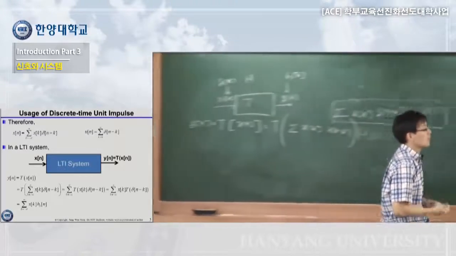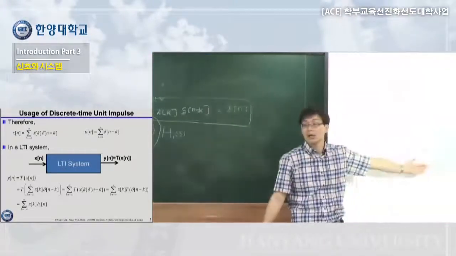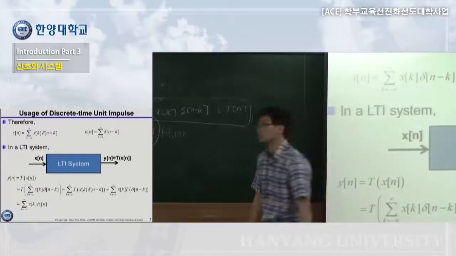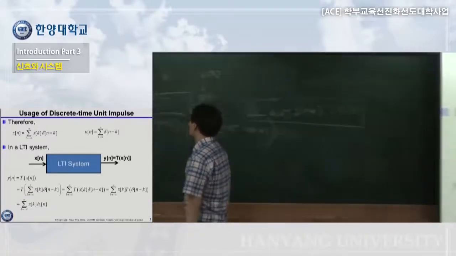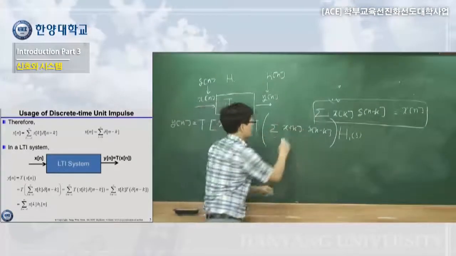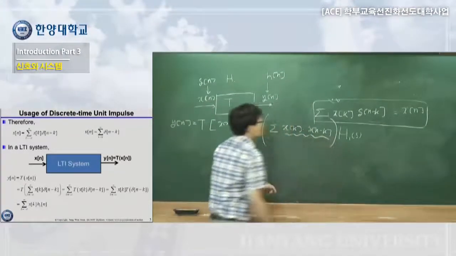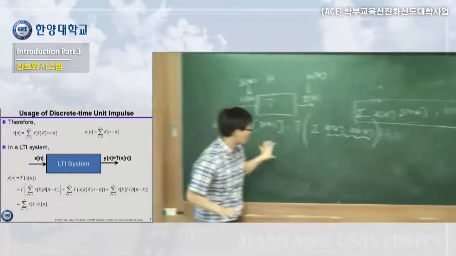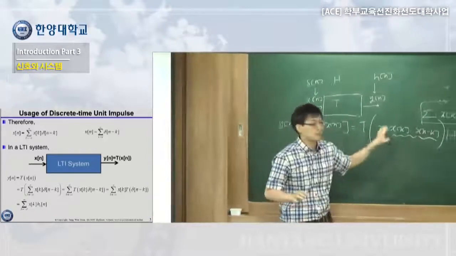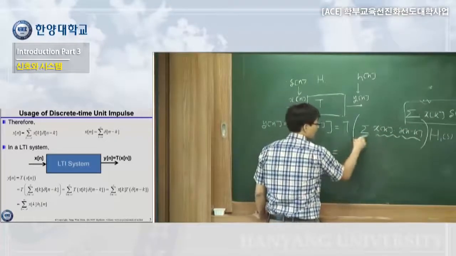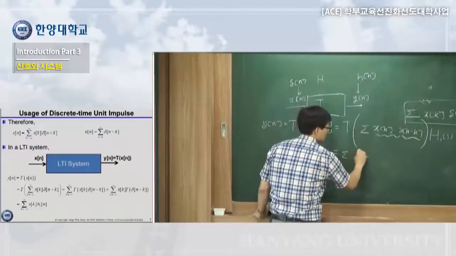And this is a linear time invariant system. What is one of the properties of a linear system? Superposition, right? So we can see this as many of these terms added together: something plus something plus something plus something.